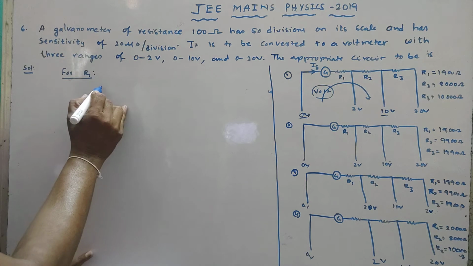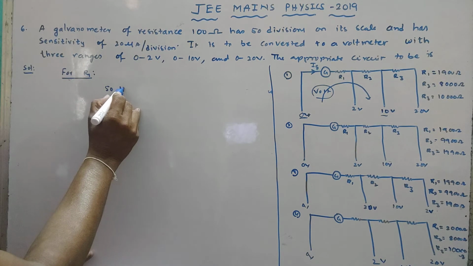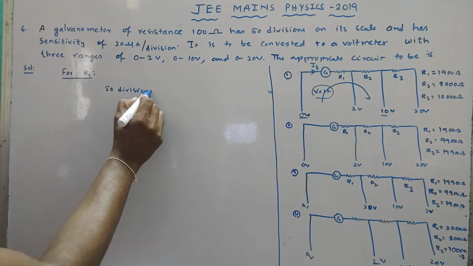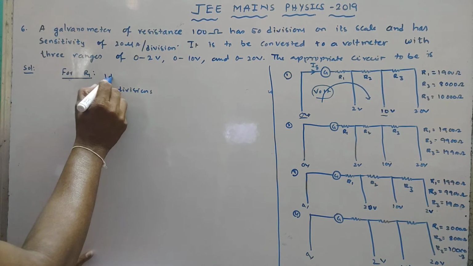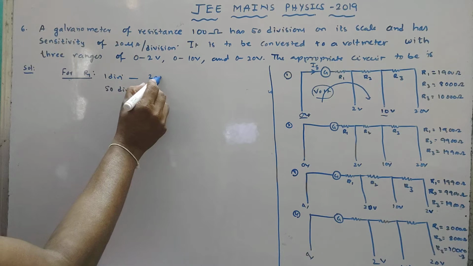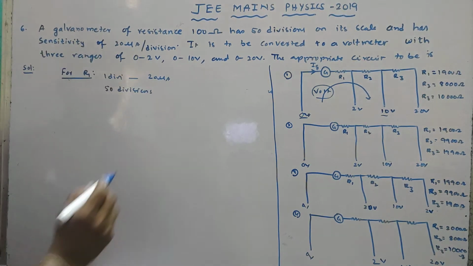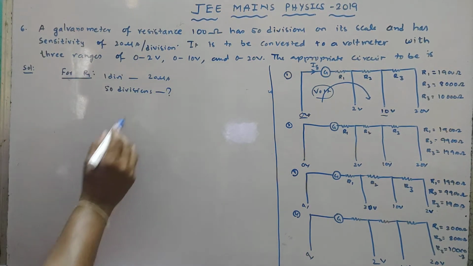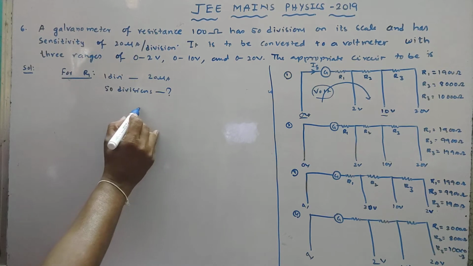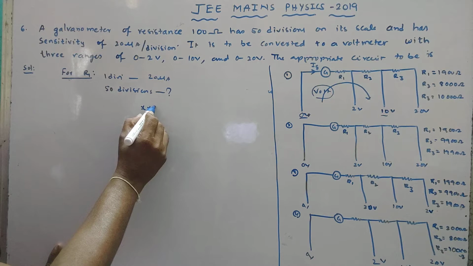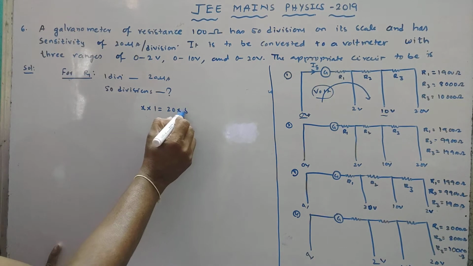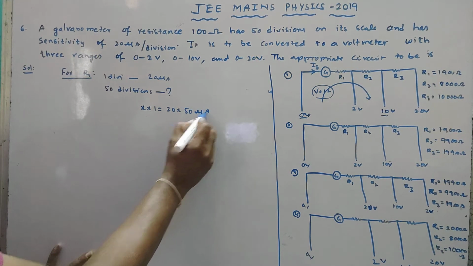So for one division 20 microampere current passes; for 50 divisions, x into 1 equal to 20 into 50 microampere.